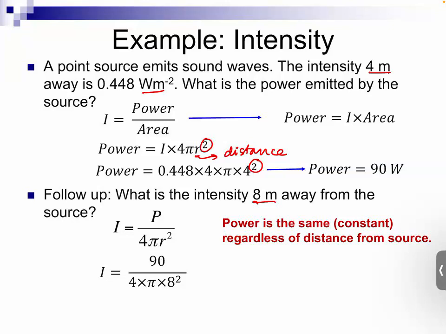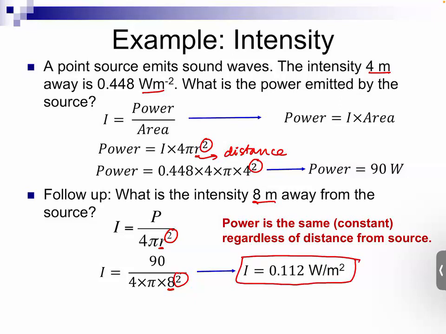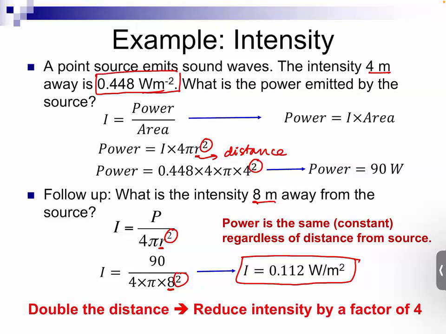What changes is the distance R. Distance is doubled to 8 meters. Again, don't forget to square the distance. And that will give you an intensity of 0.112 watts per meter squared. If you compare this intensity 8 meters away and the intensity 4 meters away, you will see that if the distance is doubled, the intensity is reduced by a factor of 4.